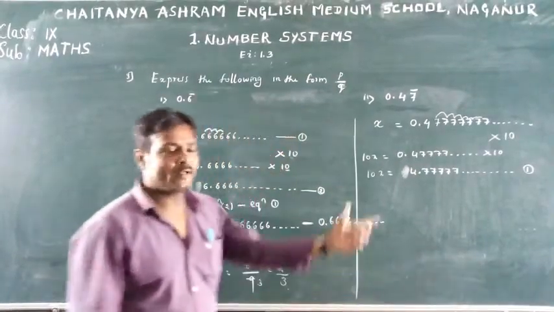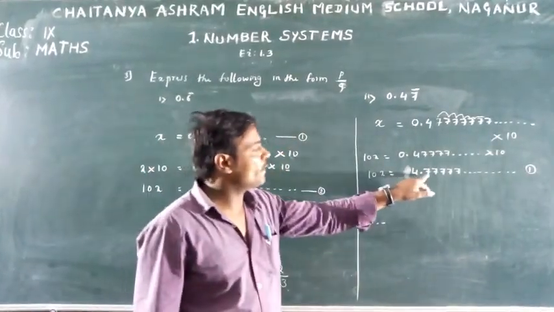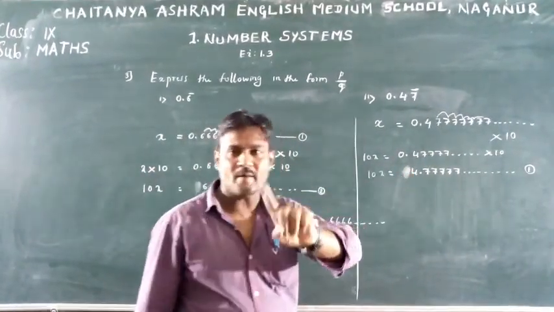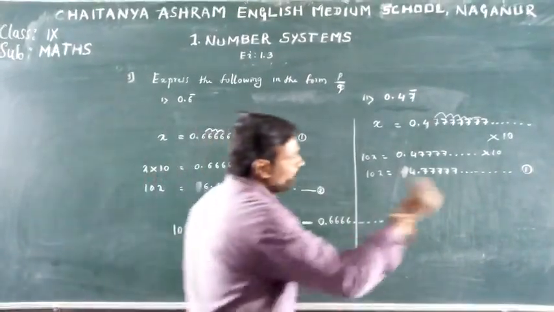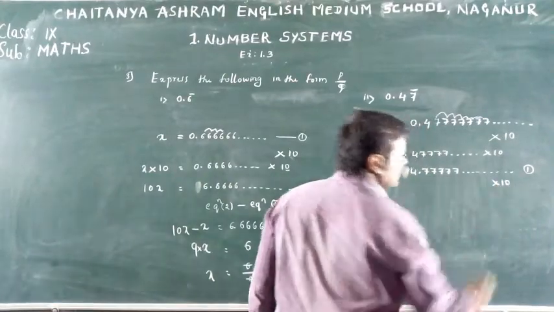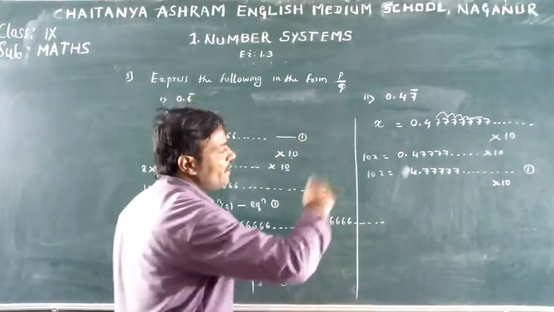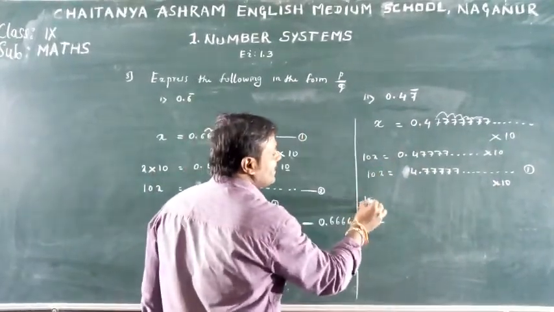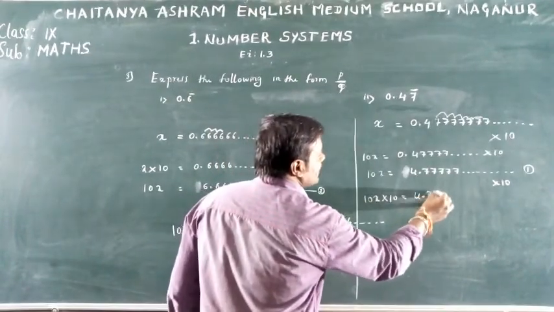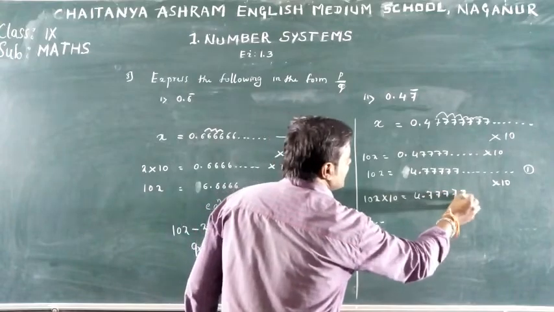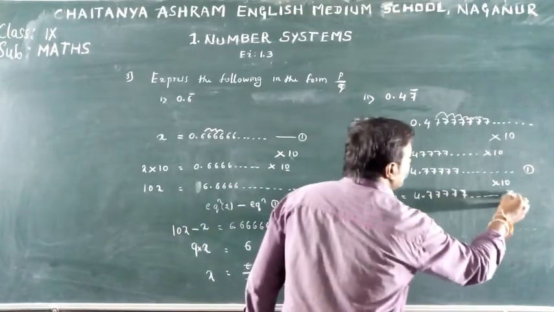Then observe how many digits are repeating. Only one digit is repeating, that is 7. So again do the same process. One digit is repeating, so multiply by 10, both LHS and RHS. LHS is already 10x, so again multiply by 10. 4.77777, and so on, into 10.